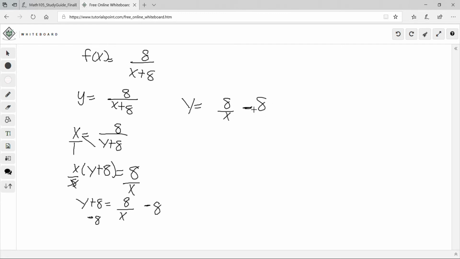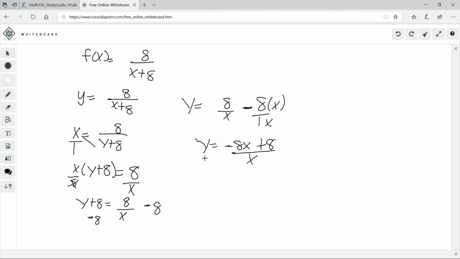And then you can get the common denominator, so you can multiply this by x. So you can get y equals negative 8x plus 8 all over x.